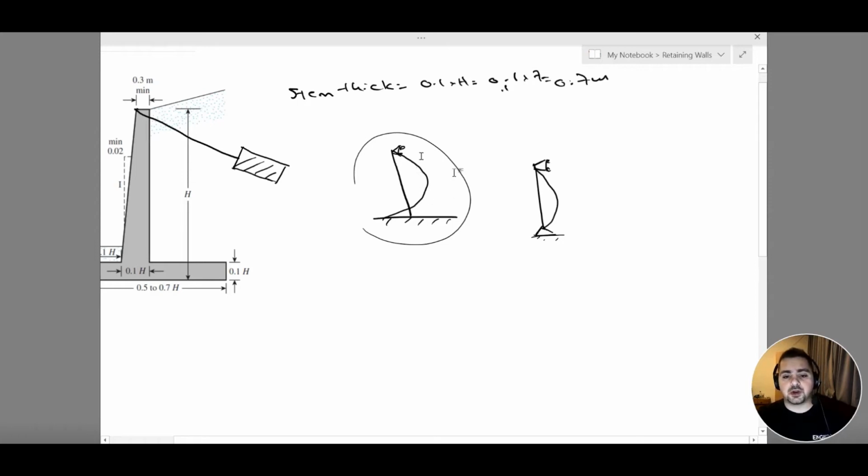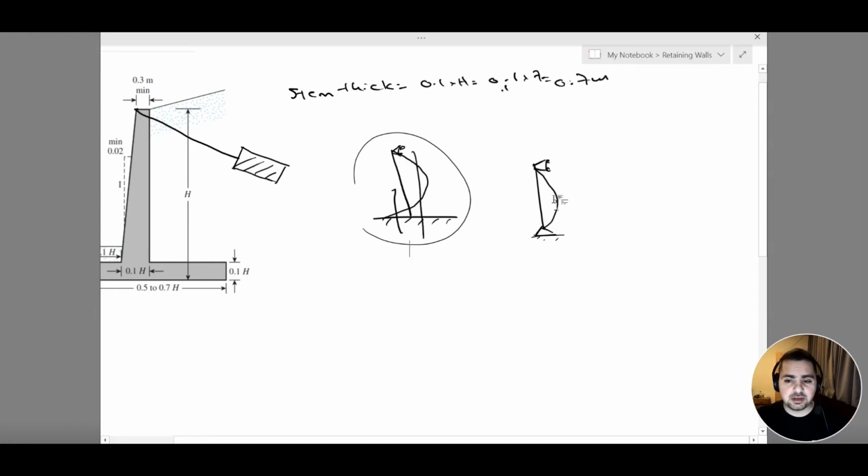Now, another thing we notice, a main difference between my restrained retaining wall and my cantilever retaining wall, is that in my cantilever retaining wall our bending moment diagram was along this direction here. It was all on one side, so we required reinforcement from this side only. However, here we can see that we require reinforcement from both sides.